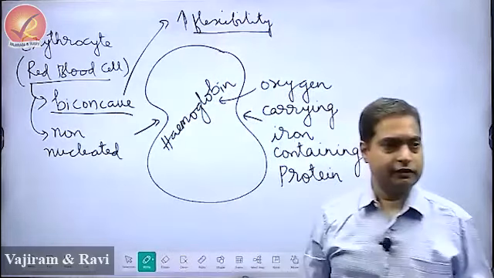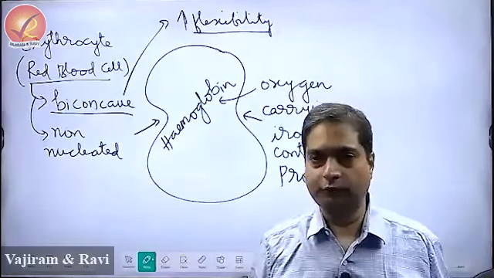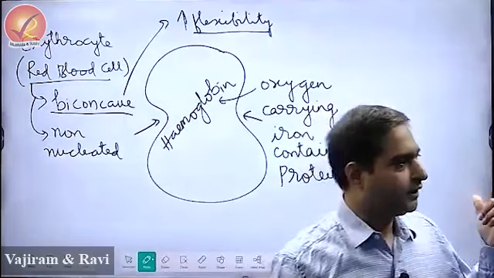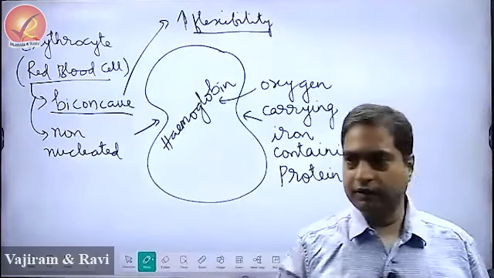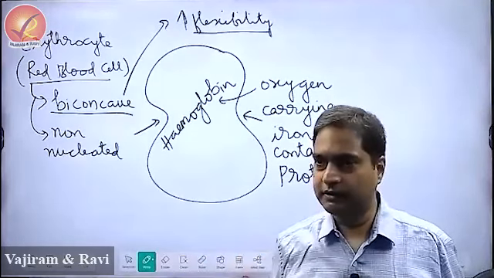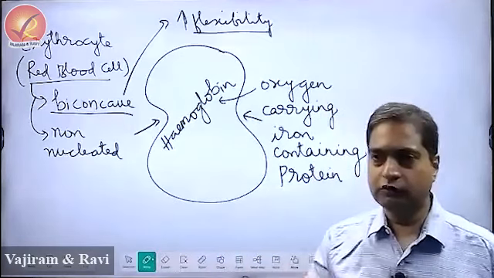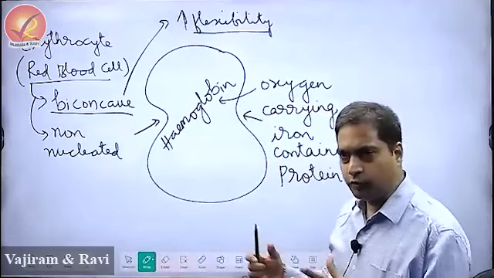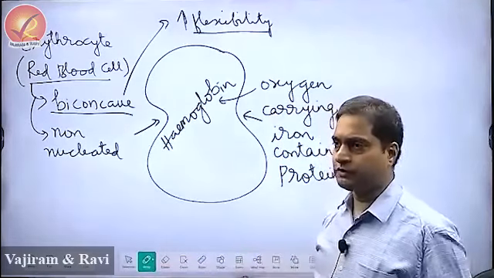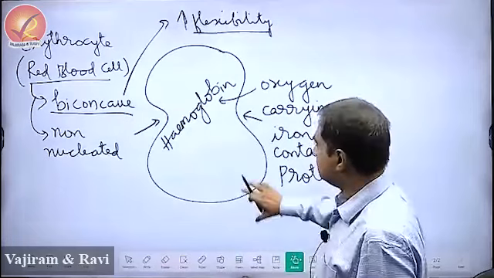Flexibility means that it can change its shape, just like we all know about amoeba, which can easily take any shape, isn't it? It can squeeze itself, that is, it can reduce its size. Similarly, our red blood cell also has that flexibility, that they can change their shape. They can squeeze themselves to narrow themselves or shrink in their size.